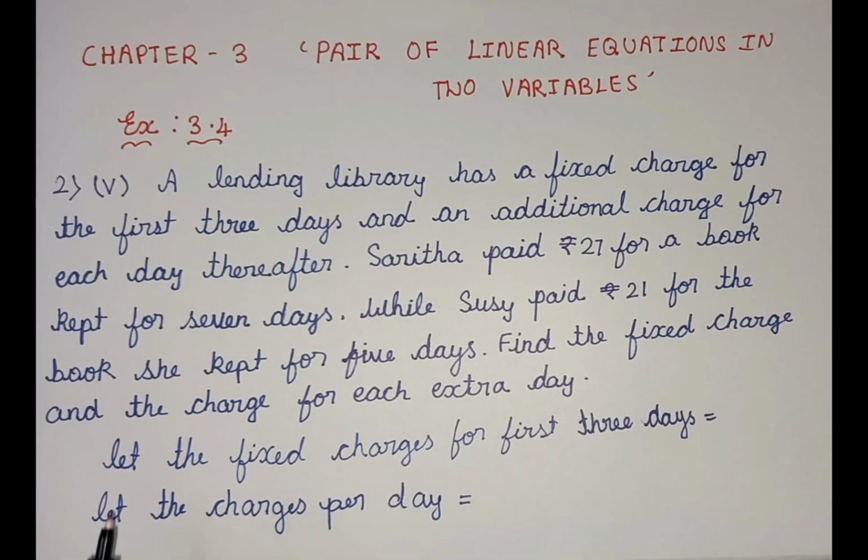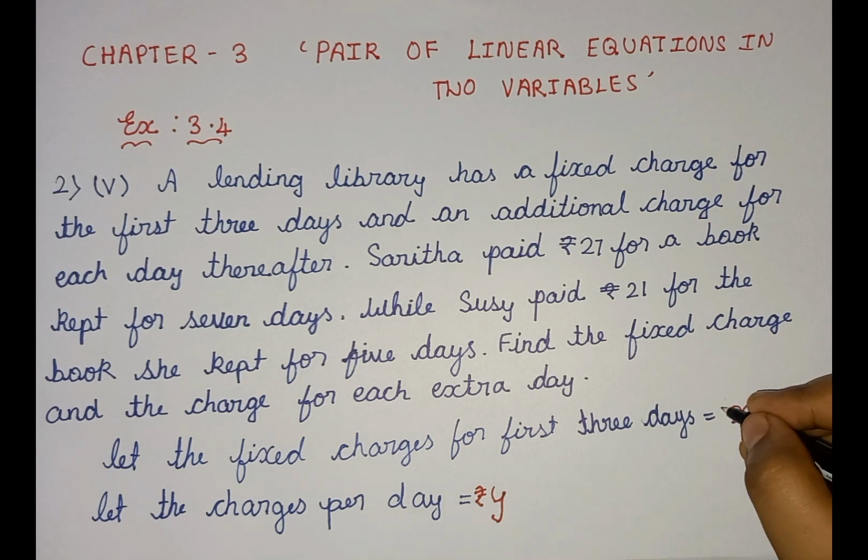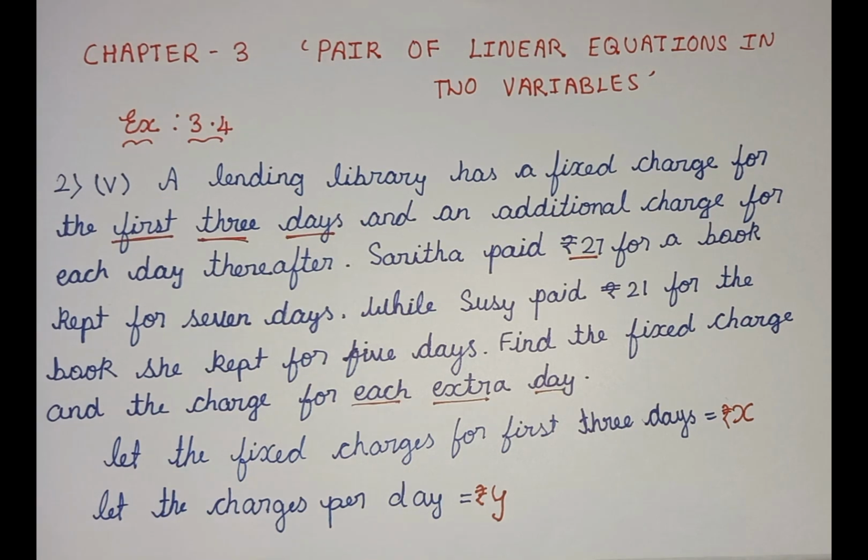I just wrote: let the fixed charges for the first 3 days be X, and let the charges per day be Y. Let us take rupees. Why? Because they are talking about charges, so the charges means amount, isn't it? So I took the fixed charge as Rs X and the charge for per day as Rs Y. Why did I take per day? Each extra day means per day.